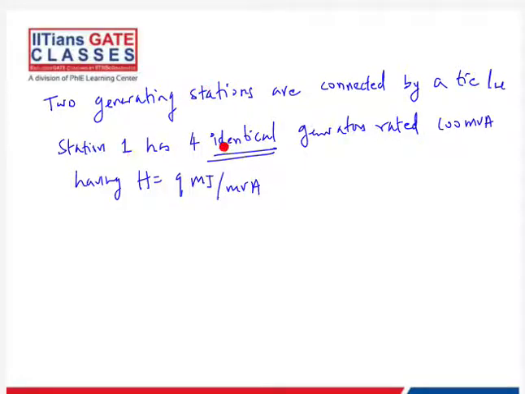Station 1 has 4 identical generators, each rated 100 MVA with H equal to 9 MJ per MVA, and station 2 is also given.